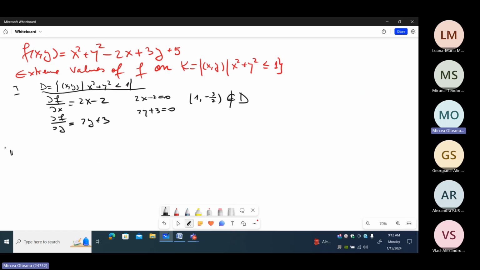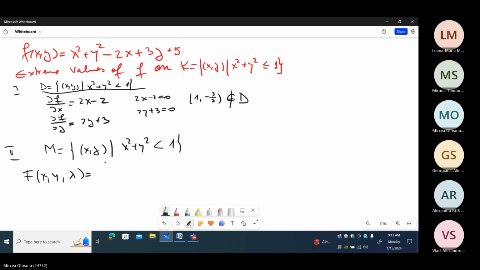Now on the border, that means on the set M given by the condition x squared plus y squared equals 1, we must consider the function F of x, y, and lambda, which is f of x and y plus lambda g of x and y. Now f is this one.